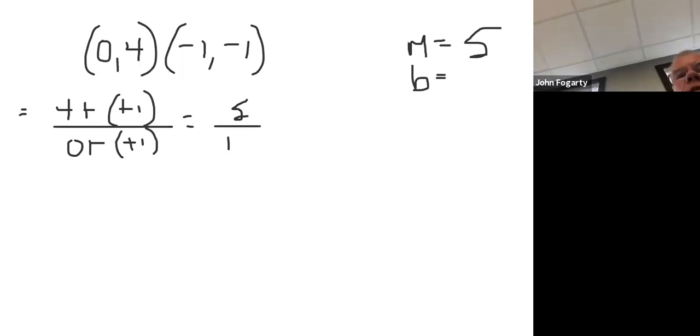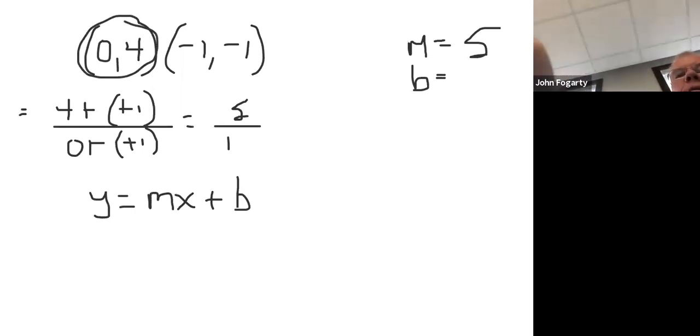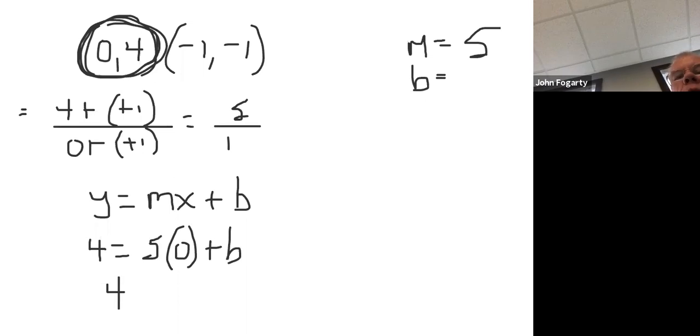Well, now I'm just going to take the numbers I know and put them in here and figure out what b is. So I'm going to use this point right here. So y is 4 equals m, which is 5, times 0 plus b. So 4 equals b. All righty.